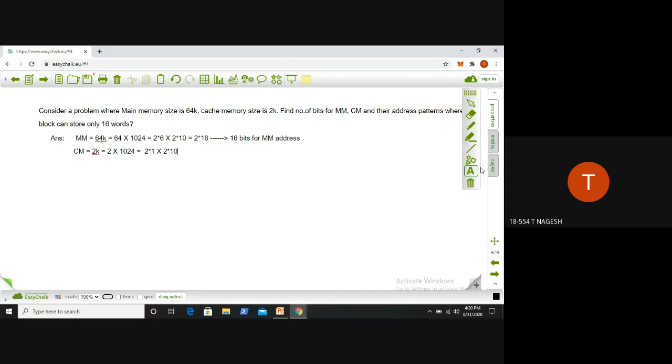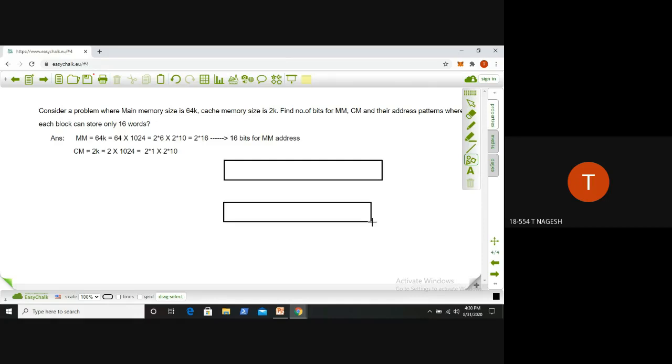So if I consider the address, we'll have two addresses: one for main memory and the other for cache memory.